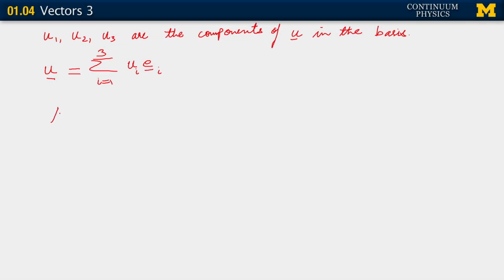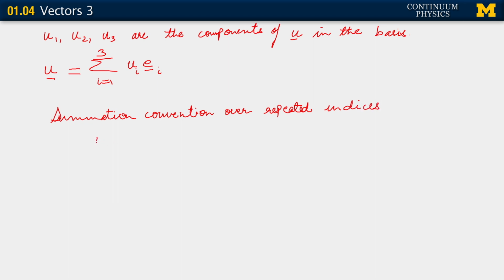So we have the so-called summation convention over repeated indices.